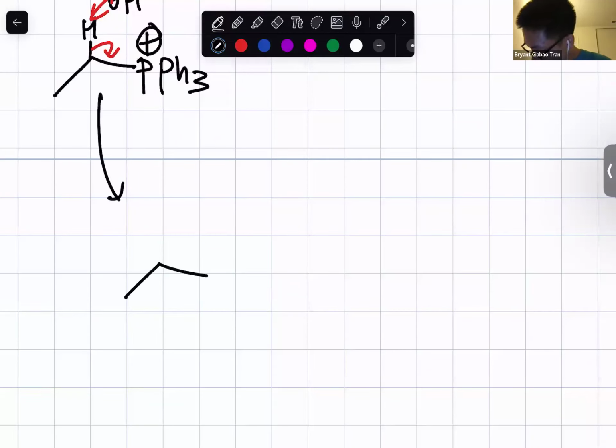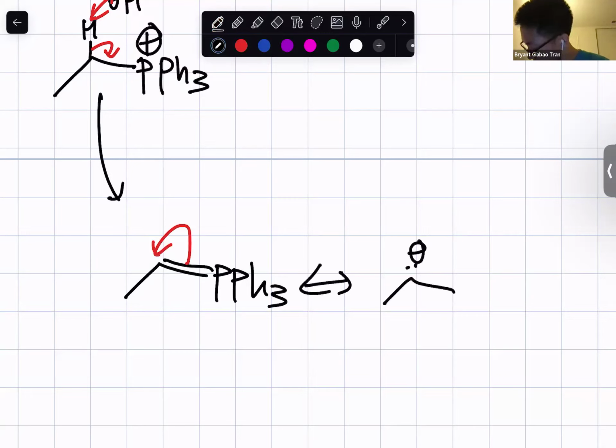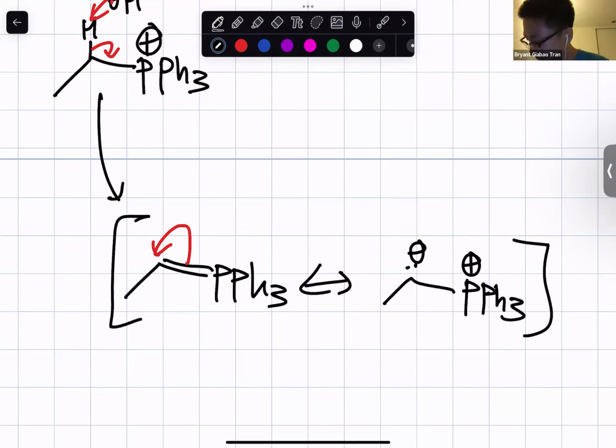That's going to make a neutral phosphorus with the alkene there, where we can see its resonance structure by drawing this double bond going to that carbon, giving that carbon a lone pair of electrons, negative charge, and that makes this phosphorus have a positive charge because we have to maintain charges in resonance structures, right?